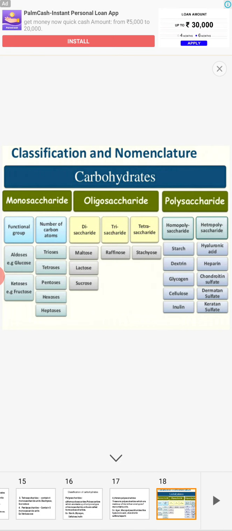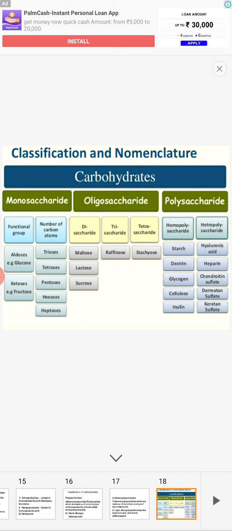Altogether these carbohydrates are classified into monosaccharide, oligosaccharide and polysaccharide. Monosaccharides are further classified based on the functional group as aldose or ketose, and based on the number of carbon, as triose, tetrose, pentose, hexose, heptose, 3 to 7 carbon.